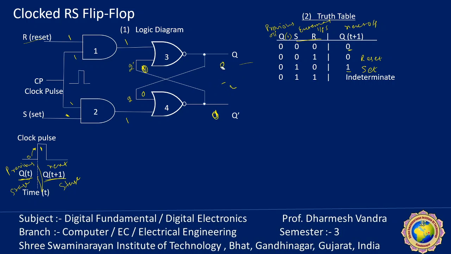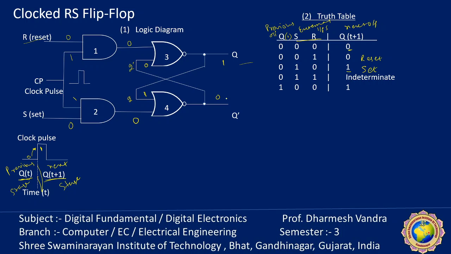Okay. Now 2 raised to 3, that is 8 combinations, are possible. So here we discussed 4. Now the remaining 4 conditions are required, for when Q is equal to 1. So Q is equal to 1 and Q dash is 0, and both set and reset are 0 0 and the clock is applied, so 0 1 0 1 0 0 0, 1 in gate number 4.